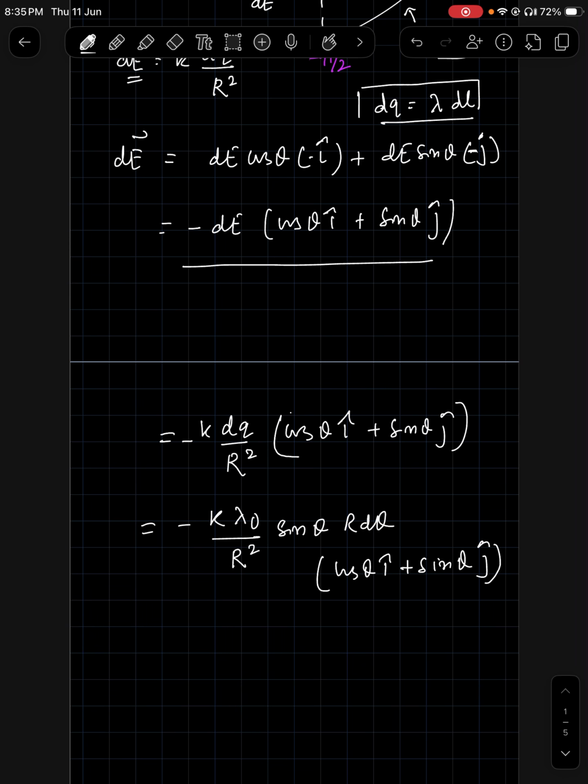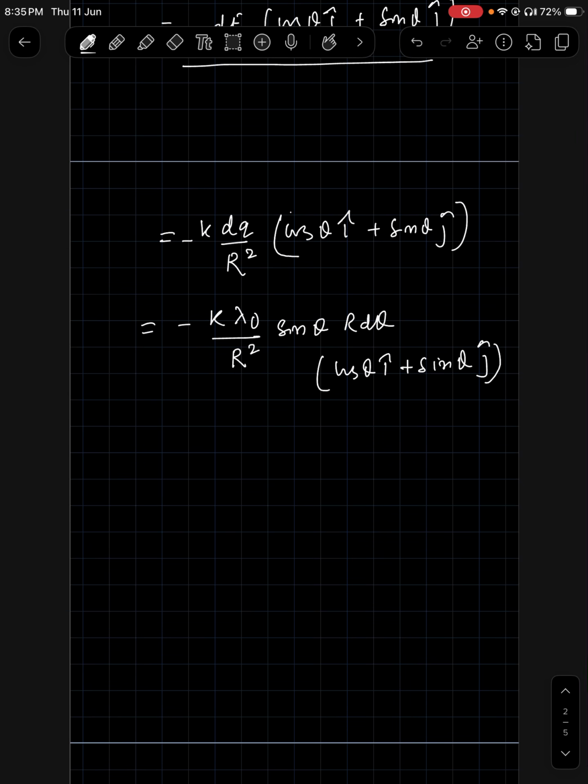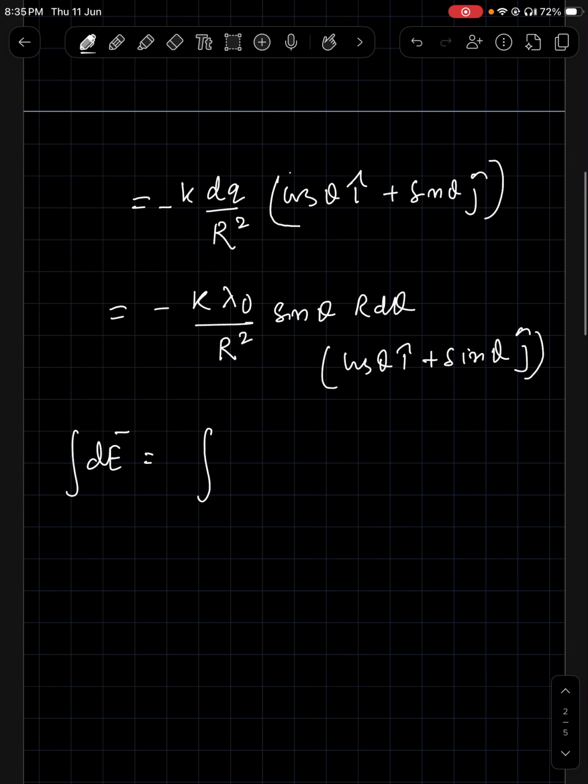So we have to integrate it to get the total electric field. The total electric field vector must be equal to the integration of this above quantity, but I'm keeping the constant factors outside the integration so that I can skip one line. First of all, I'm cancelling one power of r.